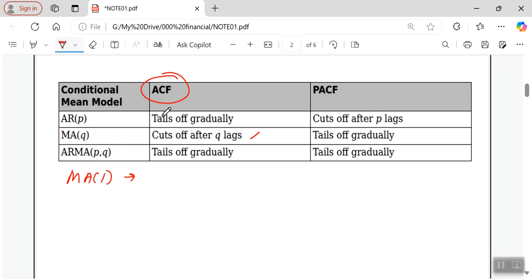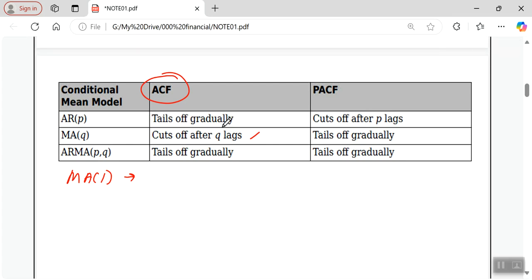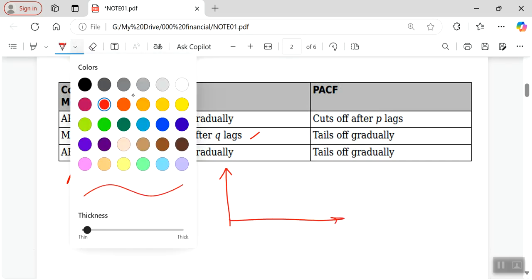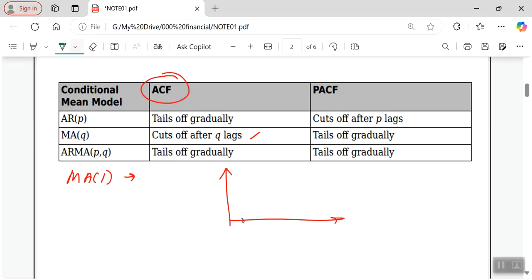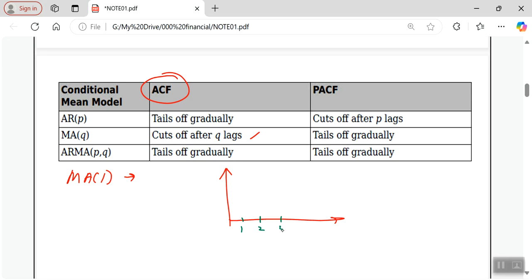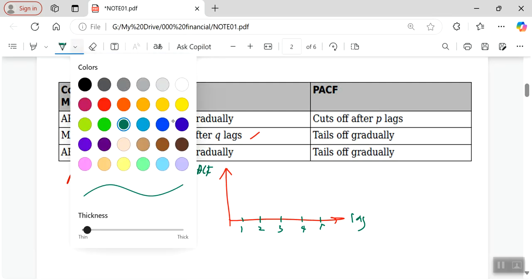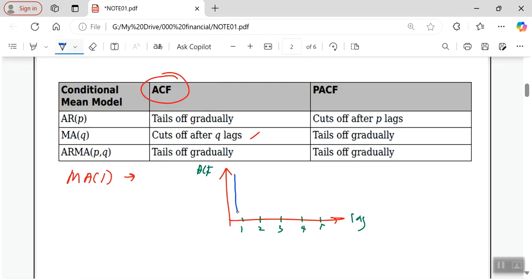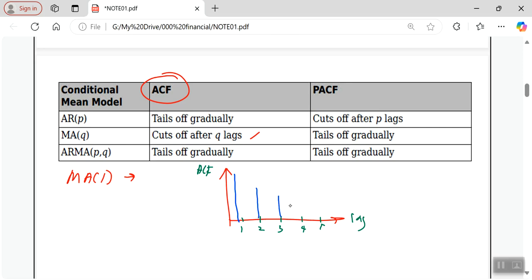you're expecting to see it tail off gradually. This means if you have an ACF in this form with several lags, let's say 1, 2, 3, 4, 5, these are the lags and this is the ACF, then you're expecting to see the ACF reduce gradually or converge to a constant.